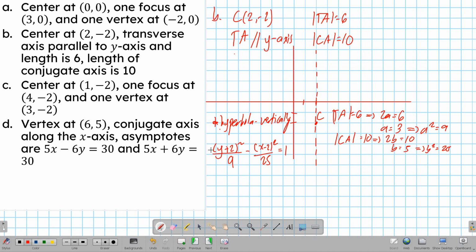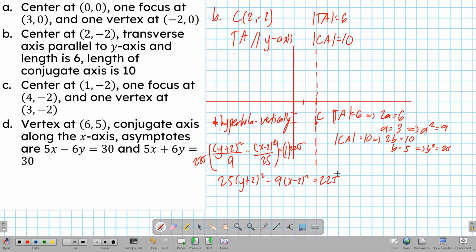In general form, I would have to multiply this by the LCD. Since 25 and 9 are relatively prime, I multiply by the LCD of 225. So this becomes 25 times y plus 2 squared minus 9 times x minus 2 squared equals 225.